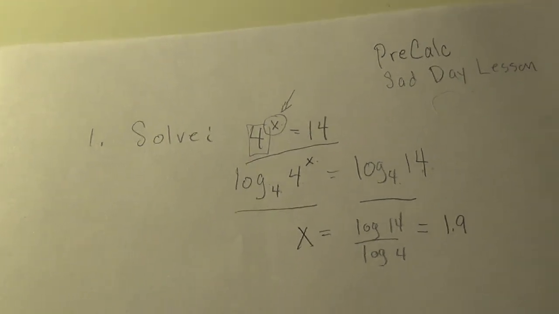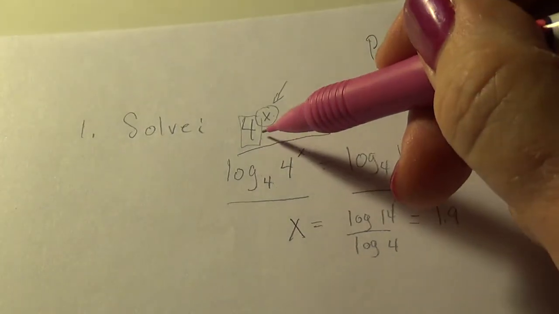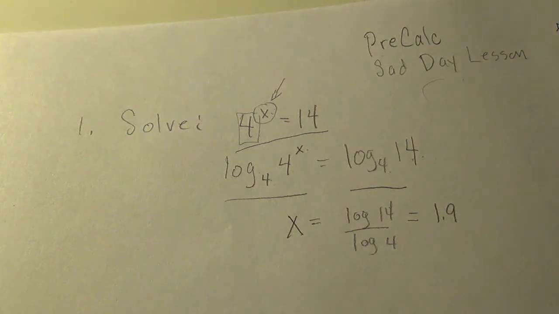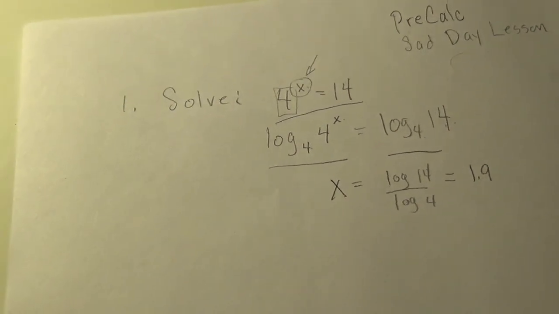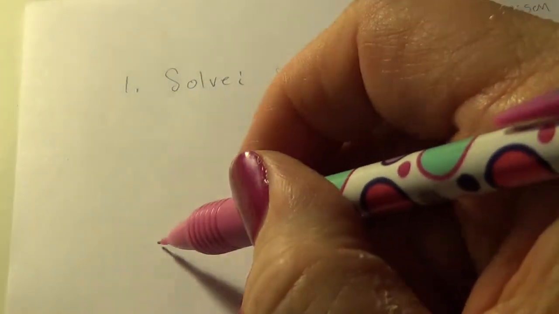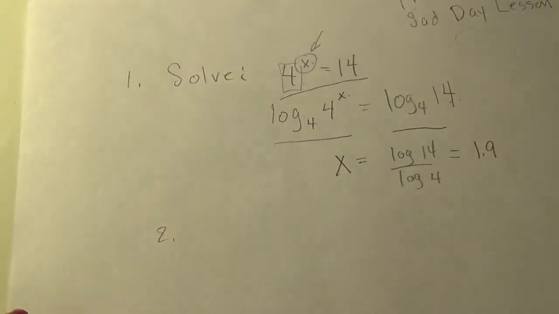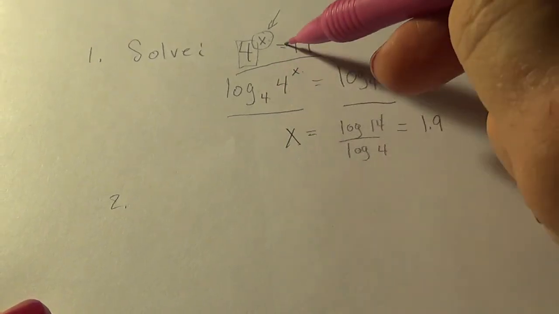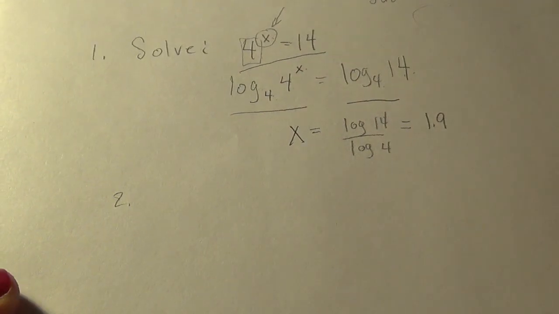You can always check your answer to those by putting it in. 4 raised to the 1.9 should give you something pretty close to 14. Alright, so keep that in mind and be able to razzle-dazzle me on the one on the final like that.